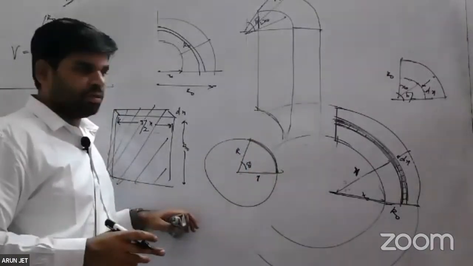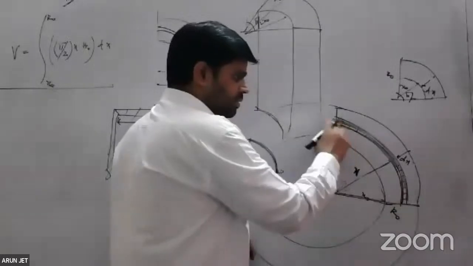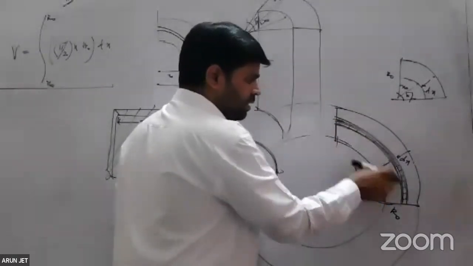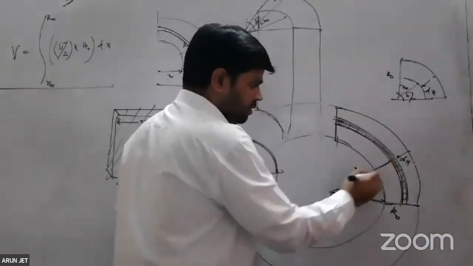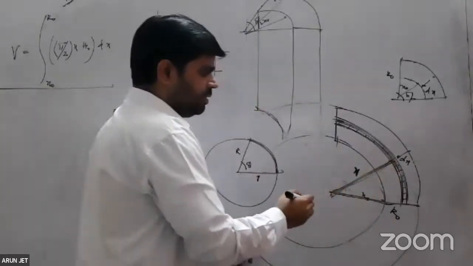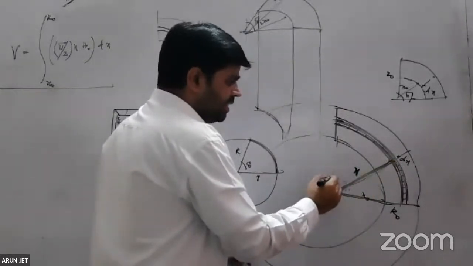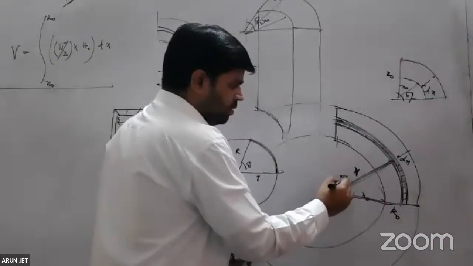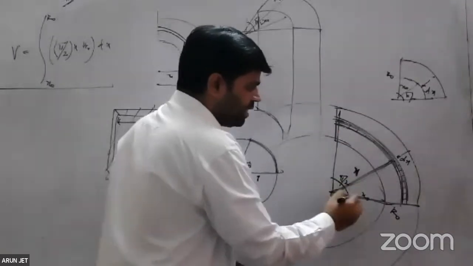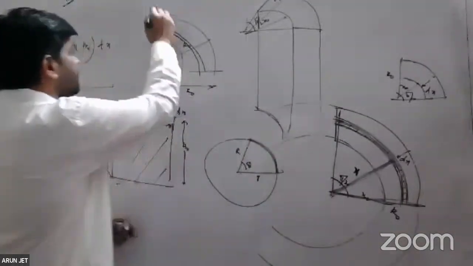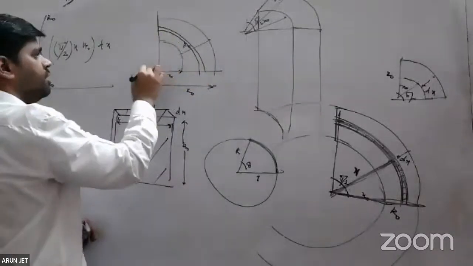Here it is x theta, x is the radius of this one. But what is theta here? It is subtending an angle of pi by 2, since I took 1/4 from here.